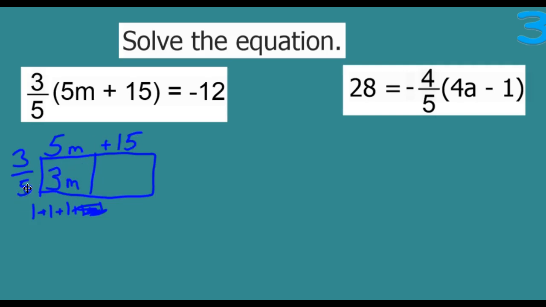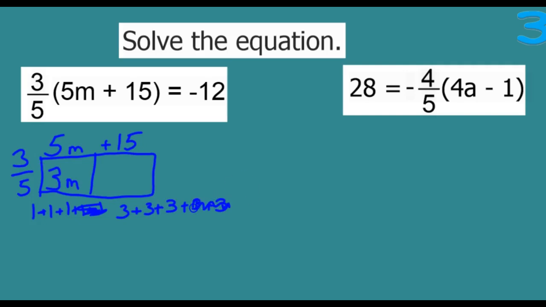Here, 15 divided by 5 gives me 3. So that means I have 5 3's. So 3 plus 3 plus 3 plus 3 plus 3 will give me 15. But it says I only need 3 of them.